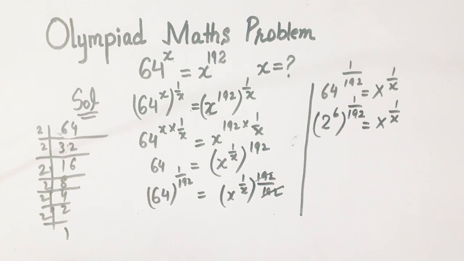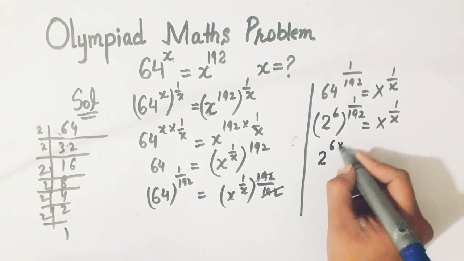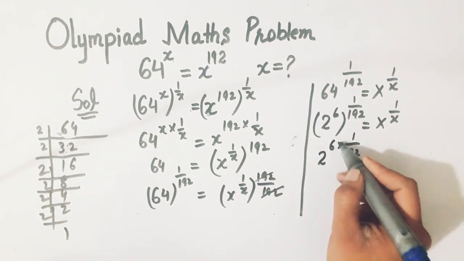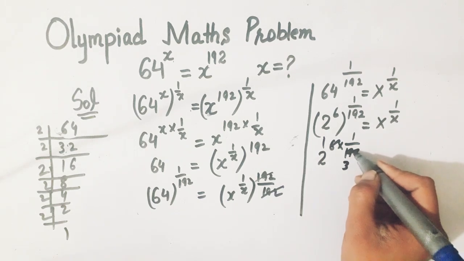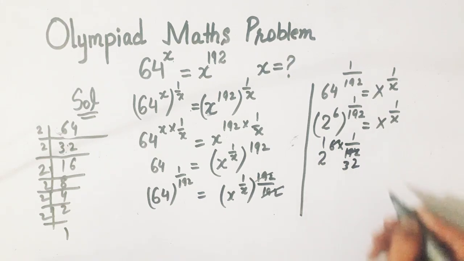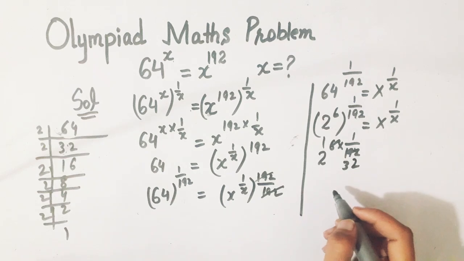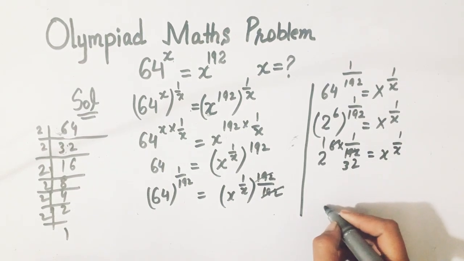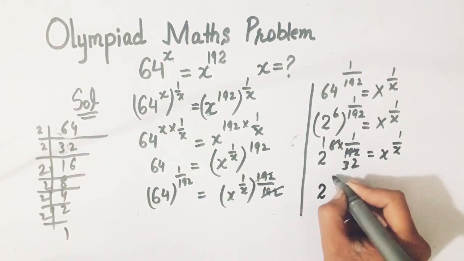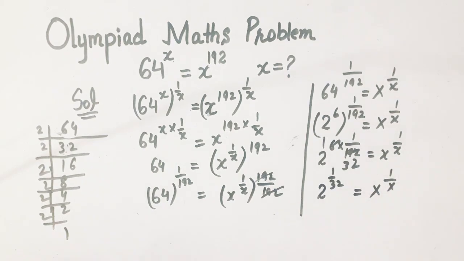Now we solve 6 multiplied by 1 by 192, which gives 1 by 32. So we have 2 power 1 by 32 equals x raised to power 1 by x.